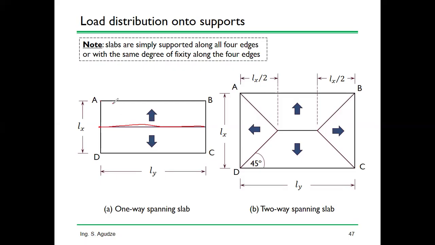When you do this, all this part of the load goes onto this beam. Remember, we are saying the beam is on all sides. But because it's one-way, we divide the shorter side into two, and the remaining load comes here. So this beam and this beam are essentially carrying the load. This beam and the one here are free. There's no slab load on them.